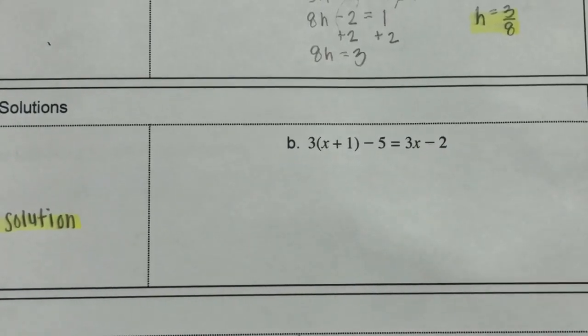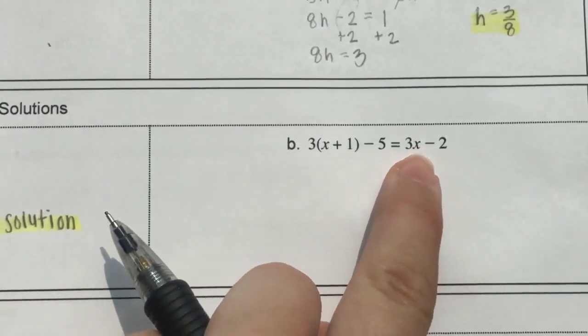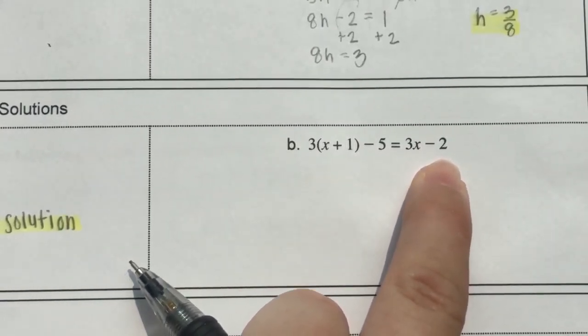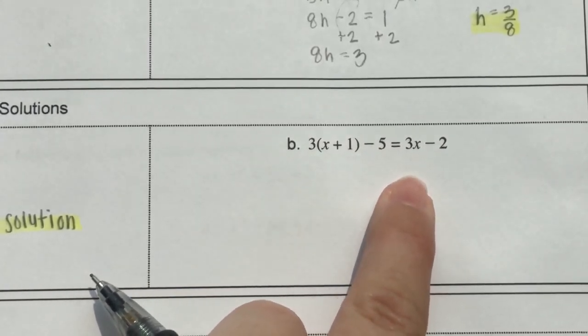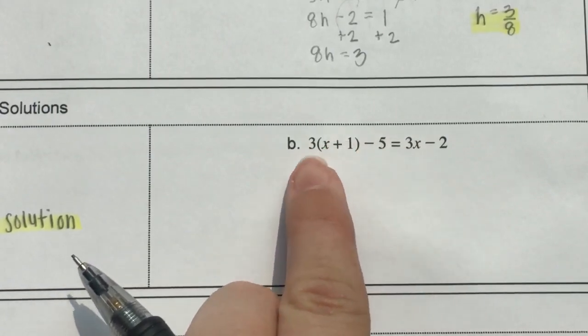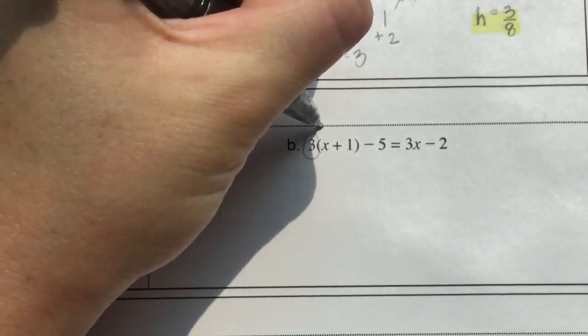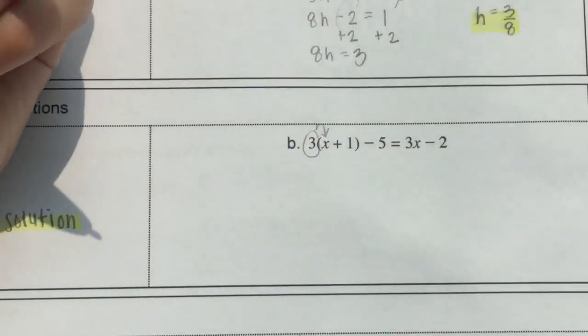And then for 3b, it's 3 times (x plus 1) minus 5 equals 3x minus 2. Before I start trying to move things from side to side, remember I have to simplify each side of the equal sign. The right side is already simplified, but the left side, I can distribute this 3. Remember we're only distributing to what's inside the parentheses.